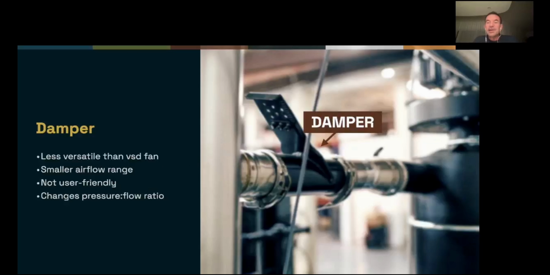Oh, what is a damper? So a damper is a little sliding gate that will close off part of the chimney or duct in the exhaust of the roaster. So in this case, that diagonal piece that you see there, if you were to push it down, it will close off some of the open area within the exhaust pipe.